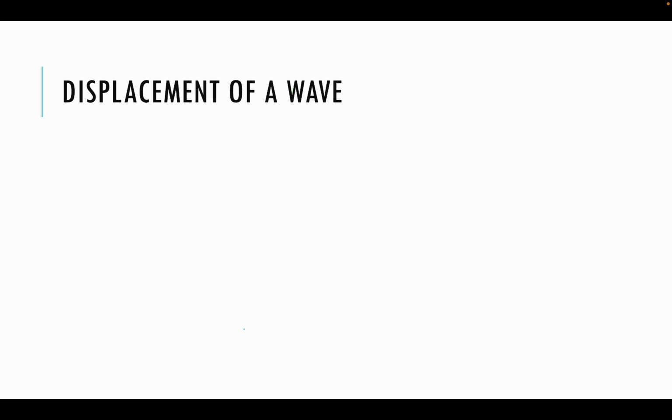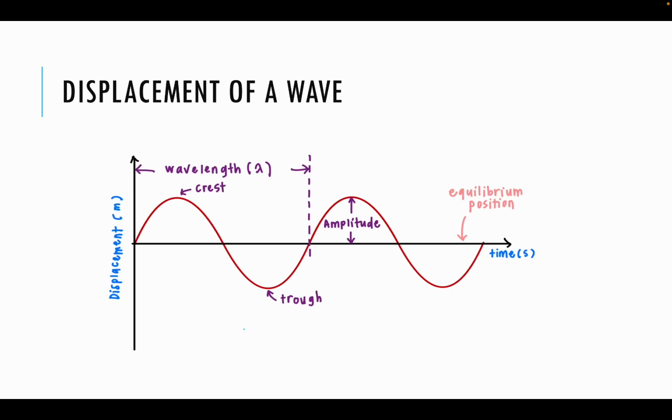Displacement of a wave. Okay, this picture illustrates a wave which I already explained before. So here we have crest, trough, amplitude and equilibrium position. So the displacement can be either positive or negative, and let's assume that the amplitude is 5.